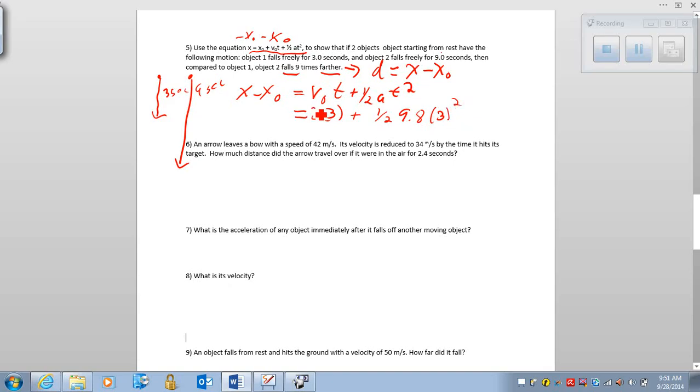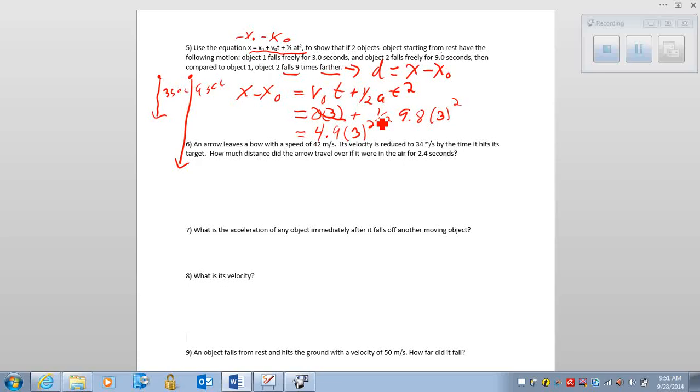That means this part cancels out, and we get this equal to 4.9. That I got just by multiplying 0.5 times 9.8, taking 1/2 of 9.8, times 3 squared. That will give us the distance that the 3-second object fell.